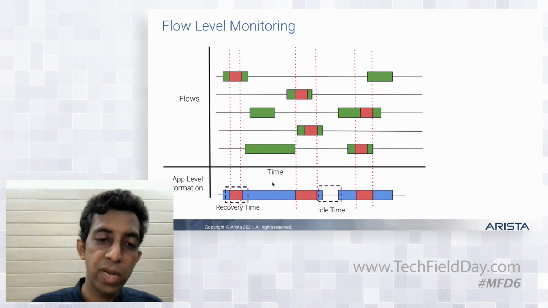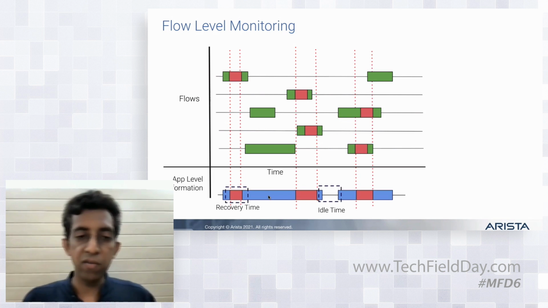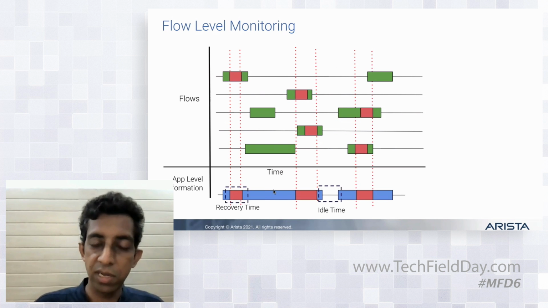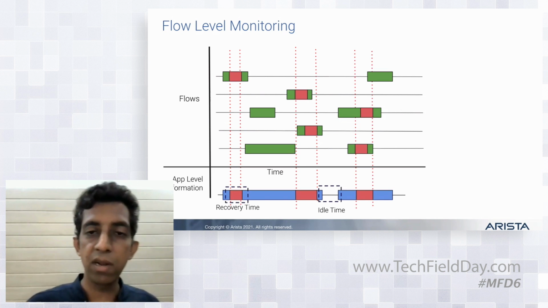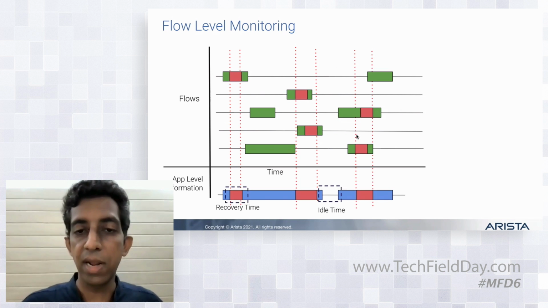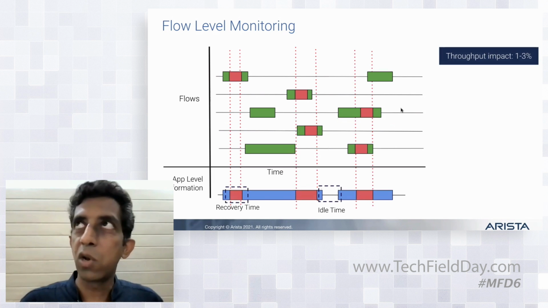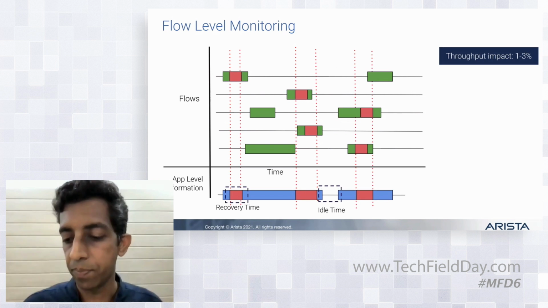And we also then calculate the recovery time across all the flows. Once we have this information, we can use it to understand the application experience. This flow level analysis is actually being done on the access point itself, and our algorithm is efficient enough that it costs us not more than 3% throughput overall.